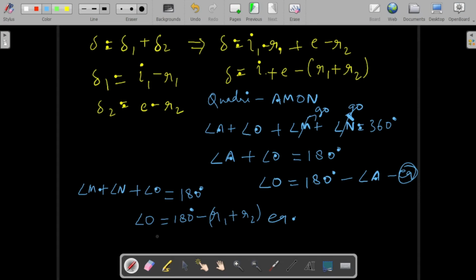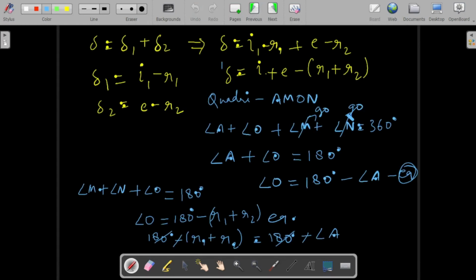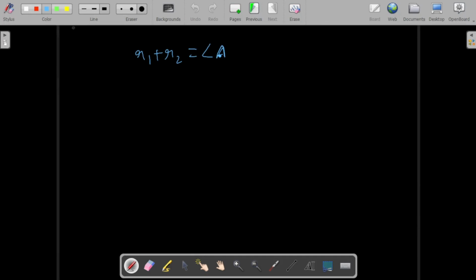From here we will get 180 degrees minus R1 plus R2 is equal to 180 degrees minus angle A. See, 180 degrees and 180 degrees get cancelled, and the minus also gets cancelled. So R1 plus R2 is nothing but angle A. Our equation for delta was I plus E minus R1 plus R2, so in place of R1 plus R2, I can write angle A. So we have our final equation: delta equals I plus E minus A.